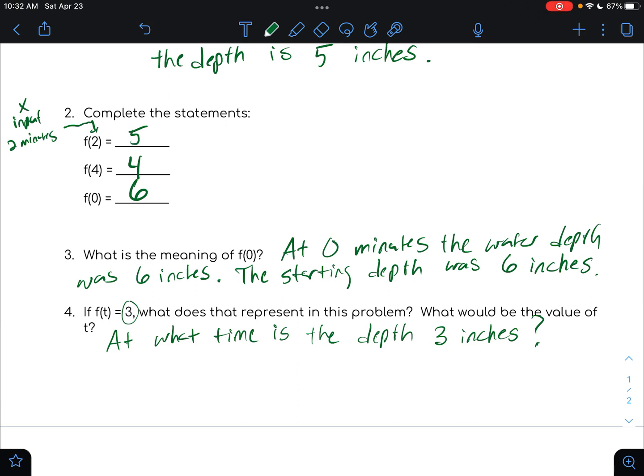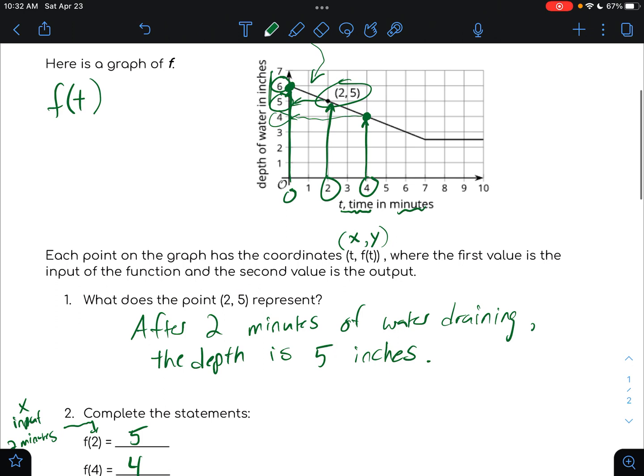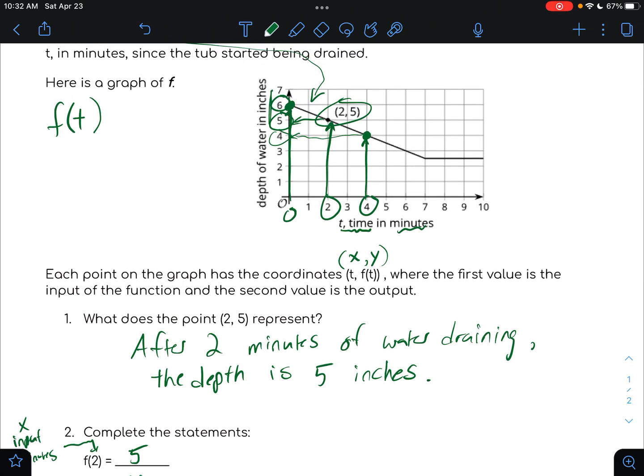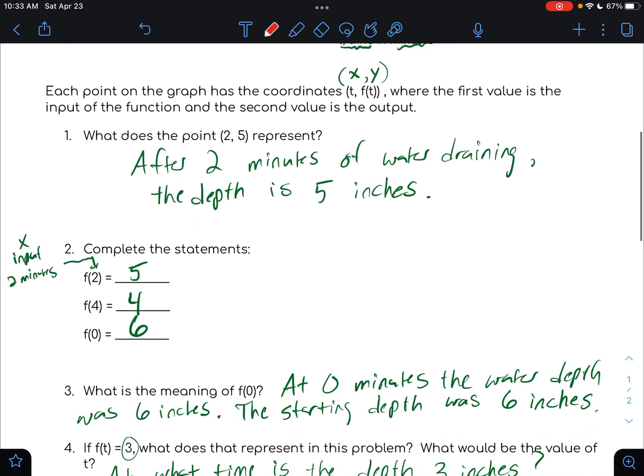All right, and so let's go up to our graph and say, okay, at what time was the depth 3 inches? So 3 inches, I'm going to switch to a different color here. So 3 inches, all right, so if we kind of follow that over, we see right there. So if we're working backwards, then that would mean that that is at 6 minutes. So in other words, the point 6 minutes, it was at 3 inches.